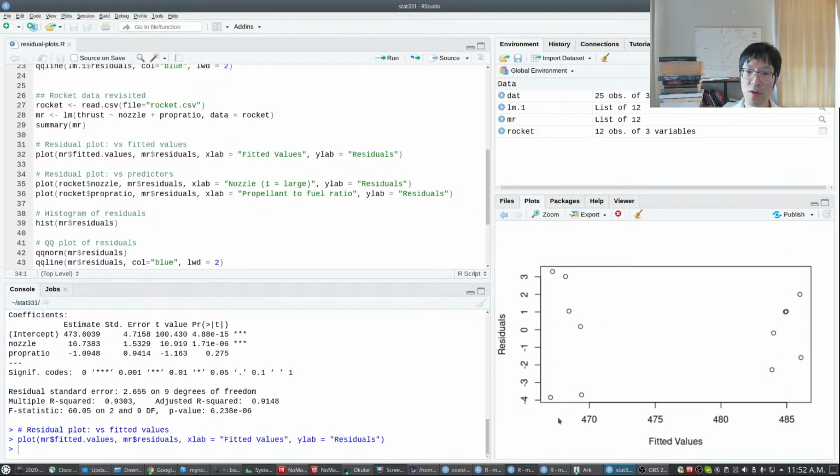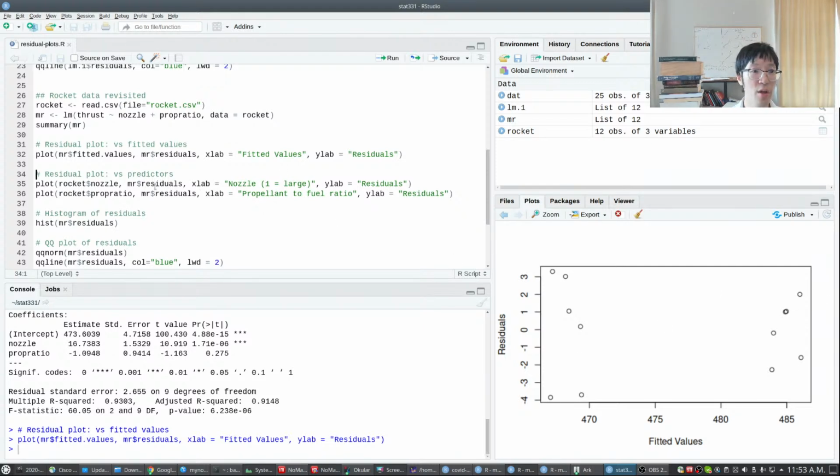And here it looks like for smaller fitted values there's not a lot of observations. So again, we don't want to jump to conclusions without too much evidence. So here, we have the spread on the left side slightly larger than the right, but just by the eyeball test, not egregiously so. So this looks okay to me.